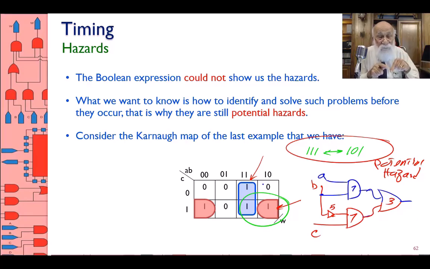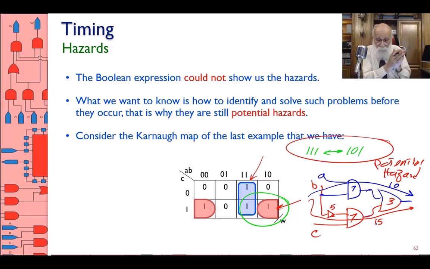Now, in order to find if these hazards really happen or not, I have to look at the duration of each path. The upper path, or the blue path, is 7 plus 3, that's 10. The red path is 7 plus 3 plus 5, which is 15.